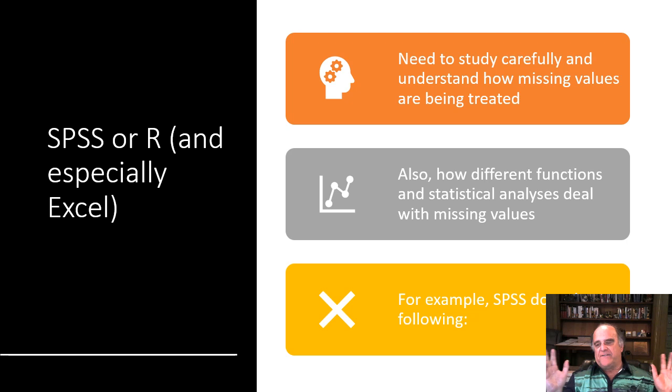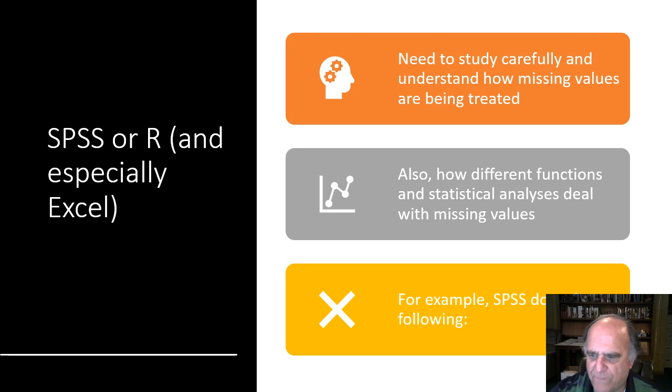There's some software like Mplus and other advanced pieces of software that just make the decisions for you, and you really have to be careful with those. You also have to understand how different functions and statistical analyses deal with those missing values.